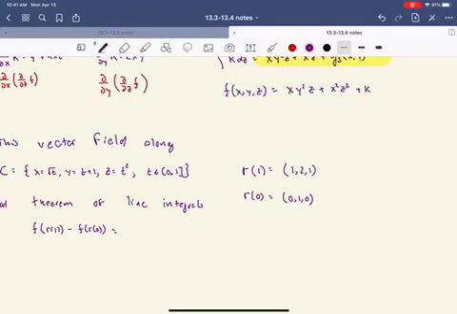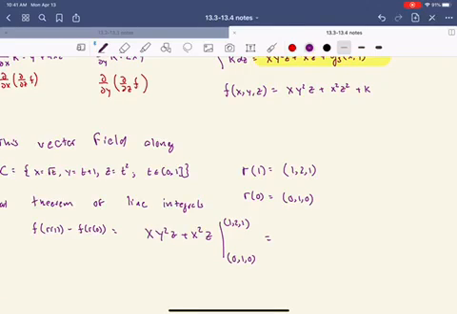Okay, so now here we don't need the k because it'll cancel, just like any other definite integral. So we're going to have xy squared z plus x squared z squared evaluated from 0, 1, 0 to 1, 2, 1.